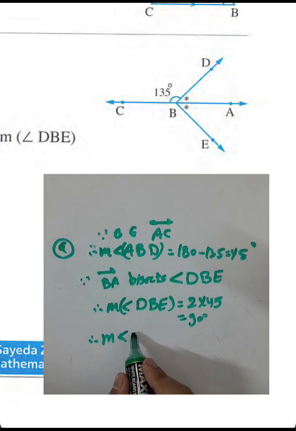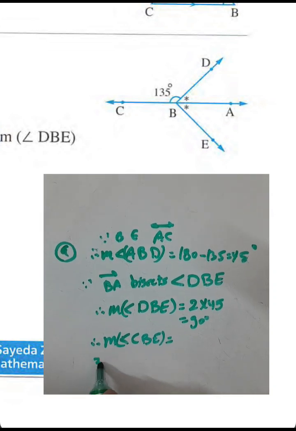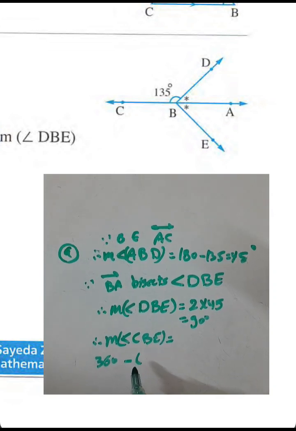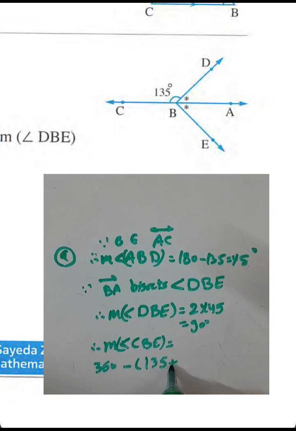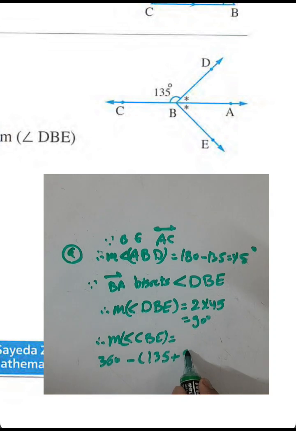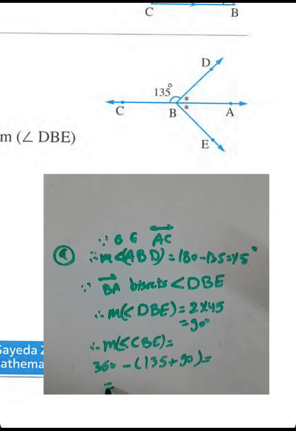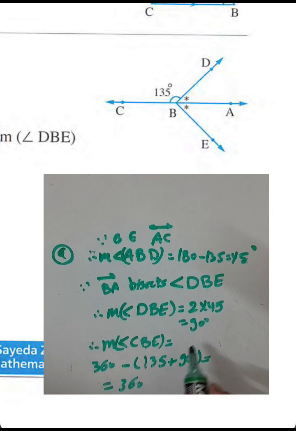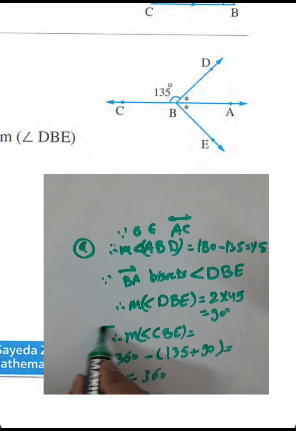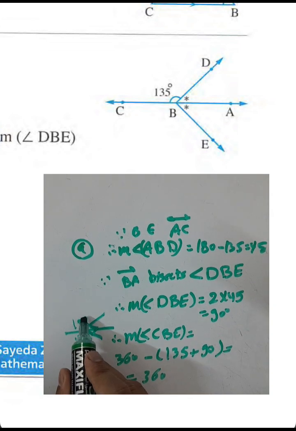Then we can find the measure of angle CBE by using 360 minus the sum of all the angles here: 135, plus the measure of angle DBE, which I write as 90 degrees. Understood this example again? We have a straight line here, and I want to find the measure of this angle. It was 90 degrees, and here 135.